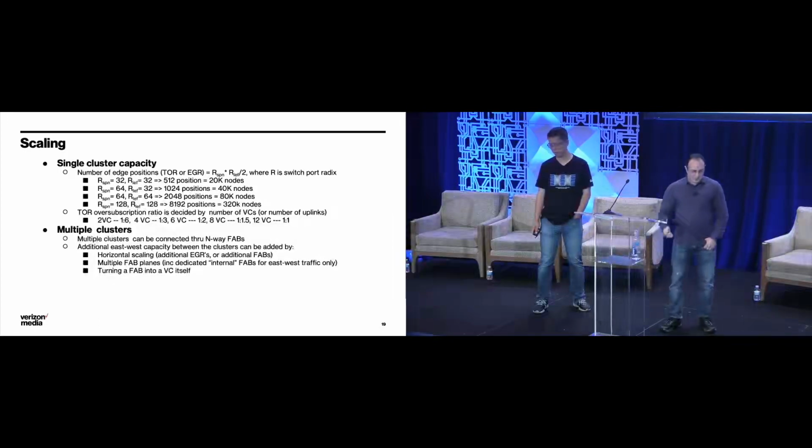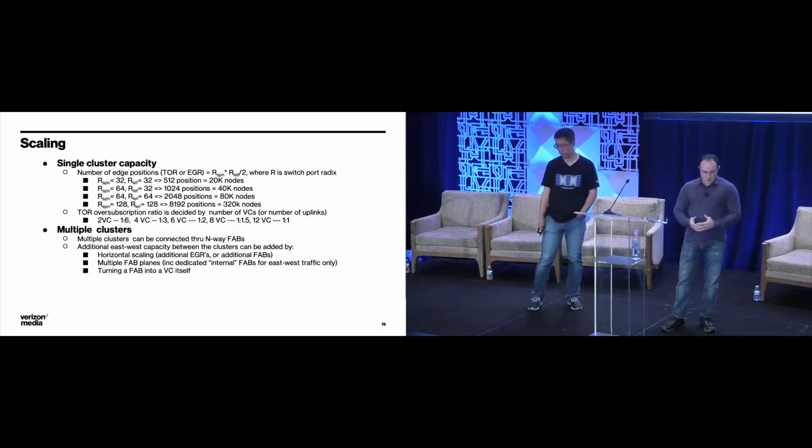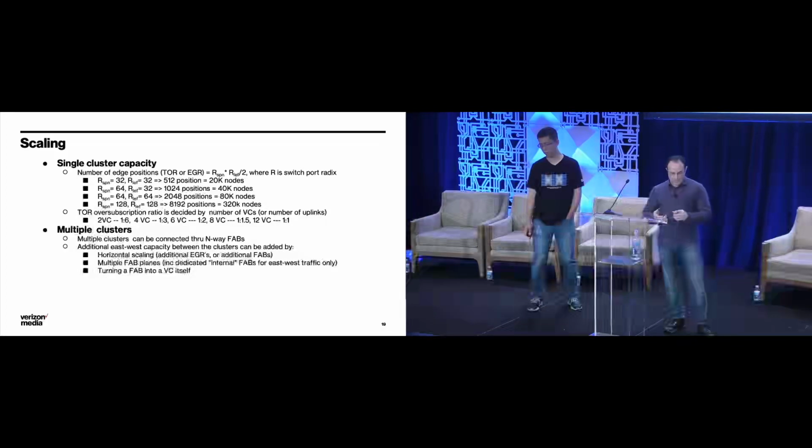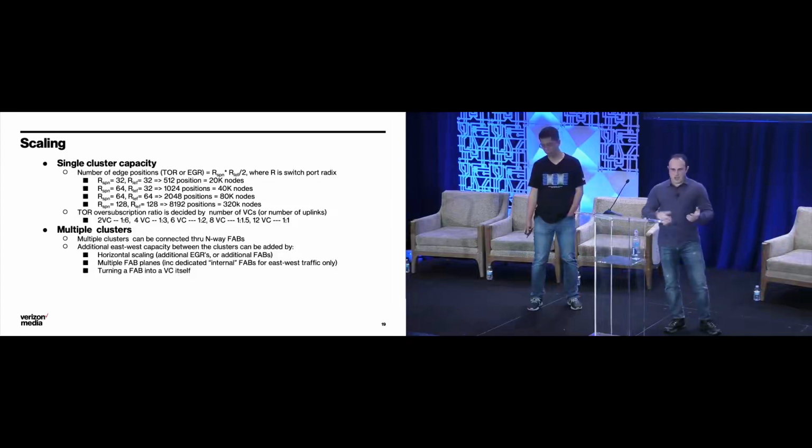Now, to connect multiple clusters, the inter-cluster oversubscription ratio you can control by how many fabs, how wide, and also how many planes of fabs, because you can add additional capacity by horizontal scaling: you add additional EGRs, or you add additional fabs, or you add both. And you can add them as multiple planes.